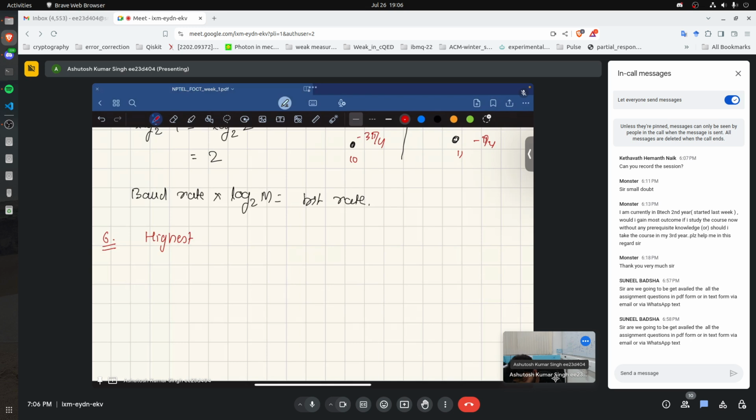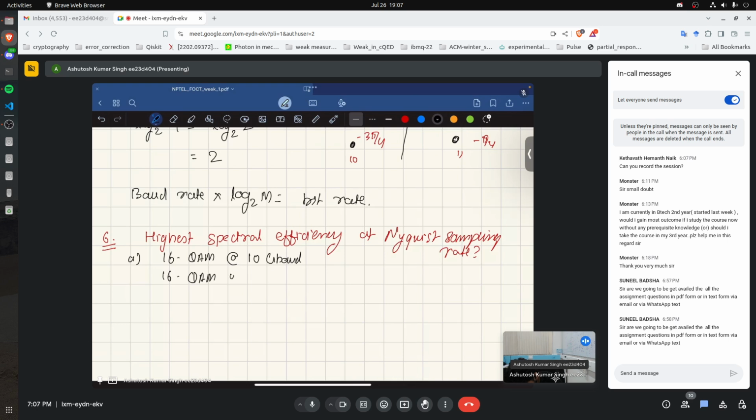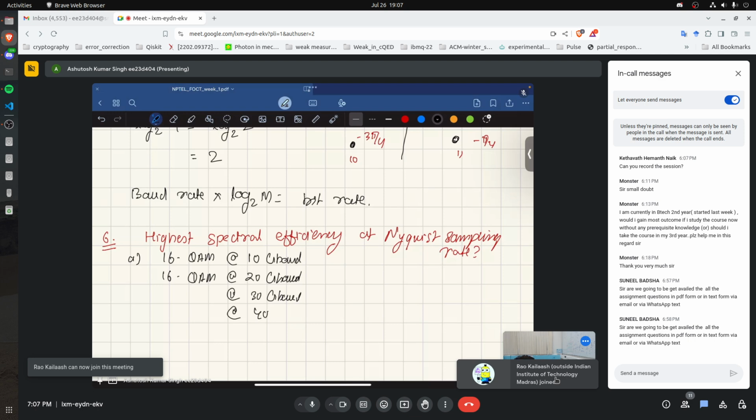Highest spectral efficiency. Now, the options that have been given to me are 16 QAM at 10 gigabaud, 16 QAM at 20 gigabaud, similarly at 30 gigabaud and 40 gigabaud.